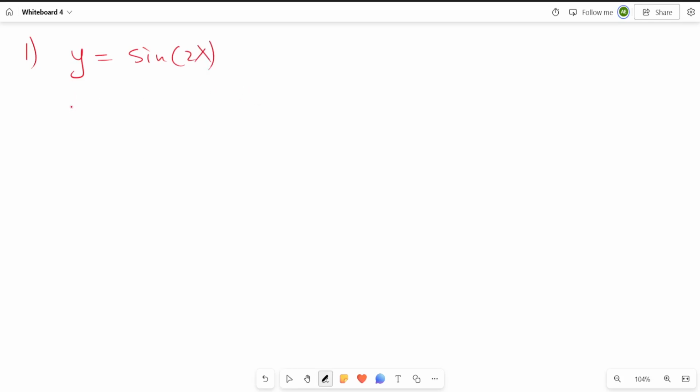I know that dy by dx, I can rewrite it as y dash. So y dash is going to be, I know that the differentiation of sine of x is cosine of x. So I have a sine of 2x, so it's going to be cosine of 2x multiplying the differentiation of what's inside, which is basically 2. So the answer is going to be nothing but 2 cosine 2x.